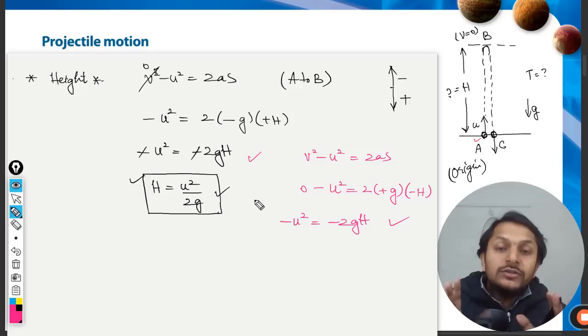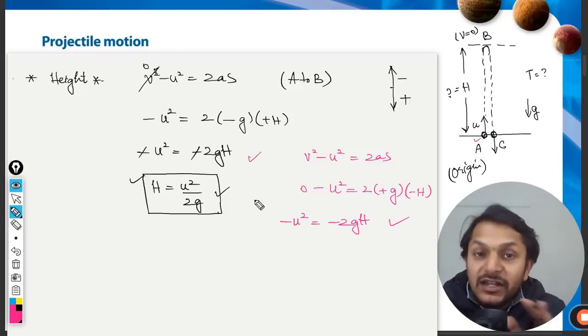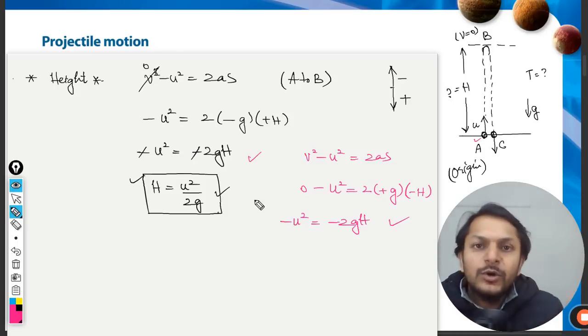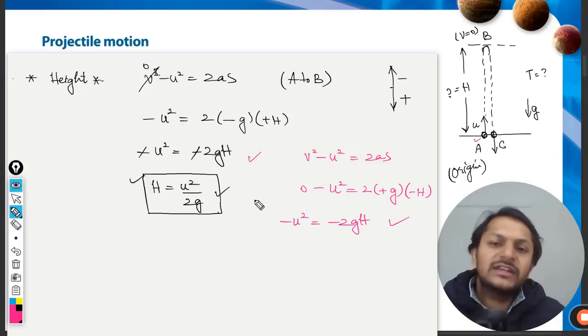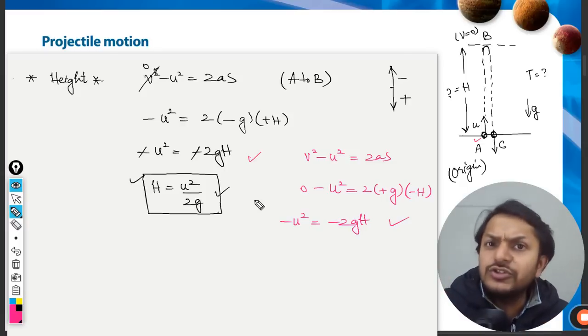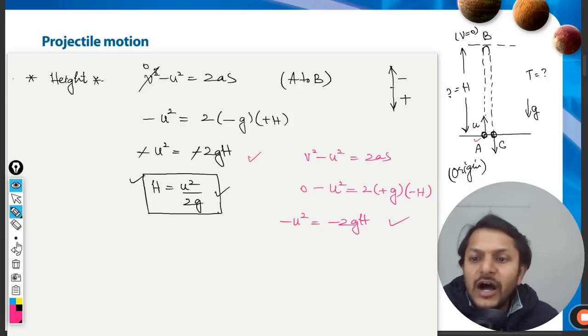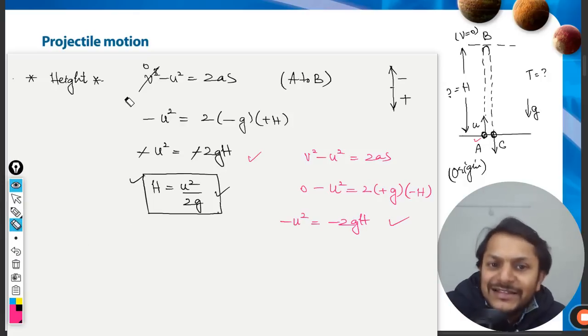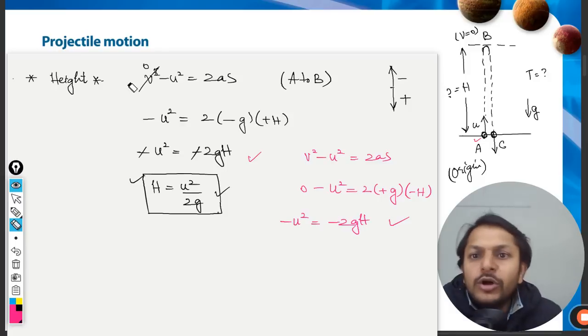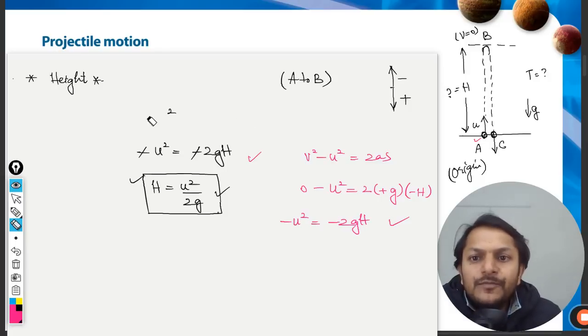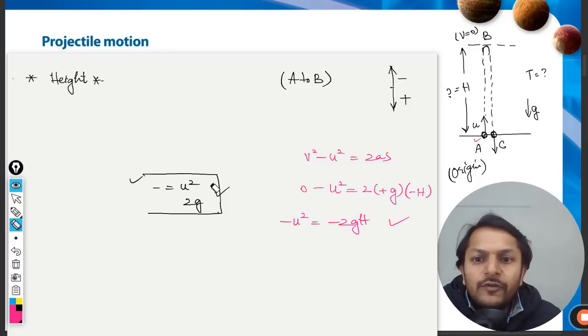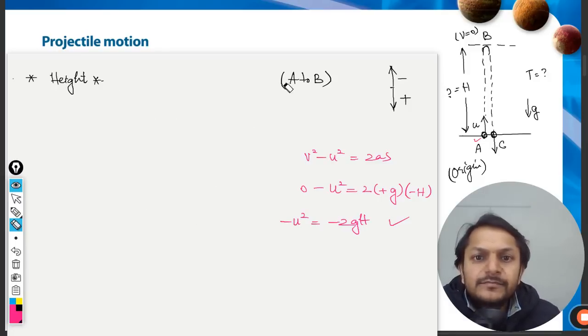So I have told you that sign convention doesn't make any difference whether upward is positive or downward is positive. Everything is the same thing. But still, you can choose your sign convention according to your whims and fancies. No problem at all. Okay. Now I'm going to erase these things. You can note this. You can pause the video and see. So after this, I would be now finding the time of flight.